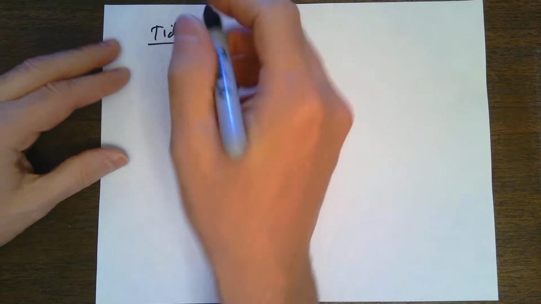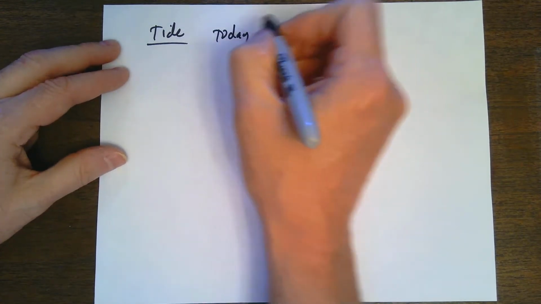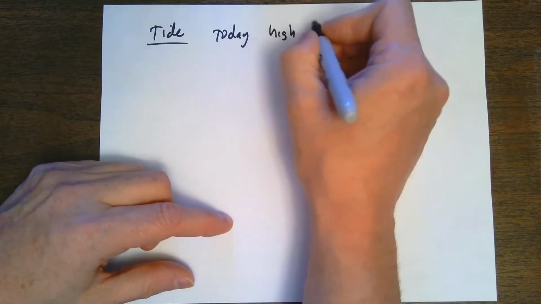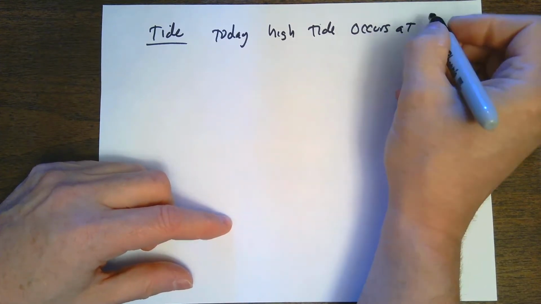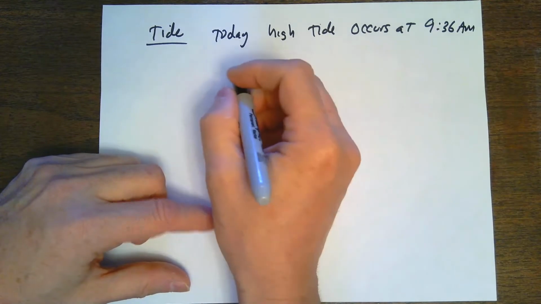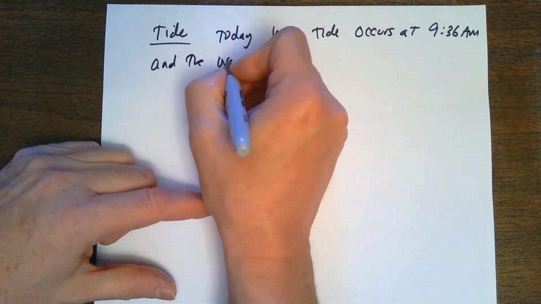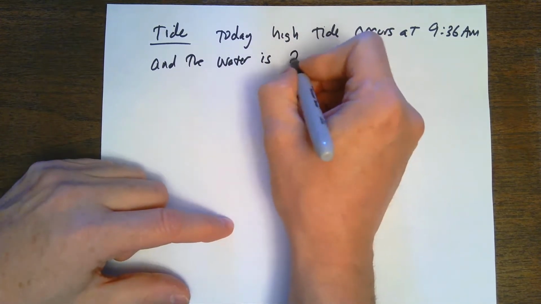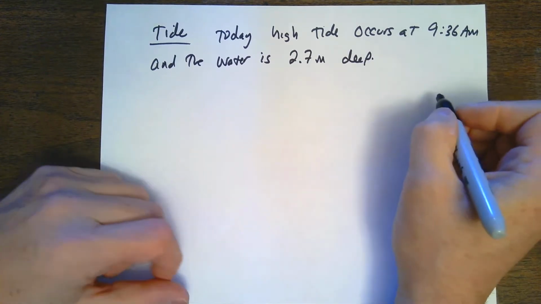So now let's say that today the high tide occurs at 9:36 a.m. and the water is going to be 2.7 meters deep.